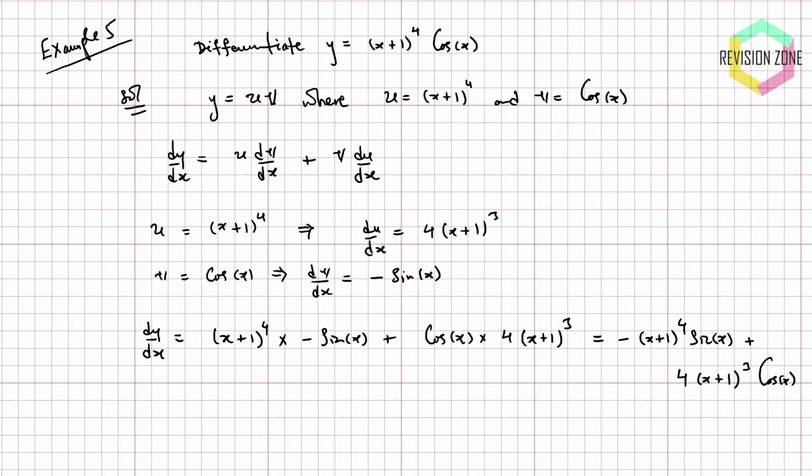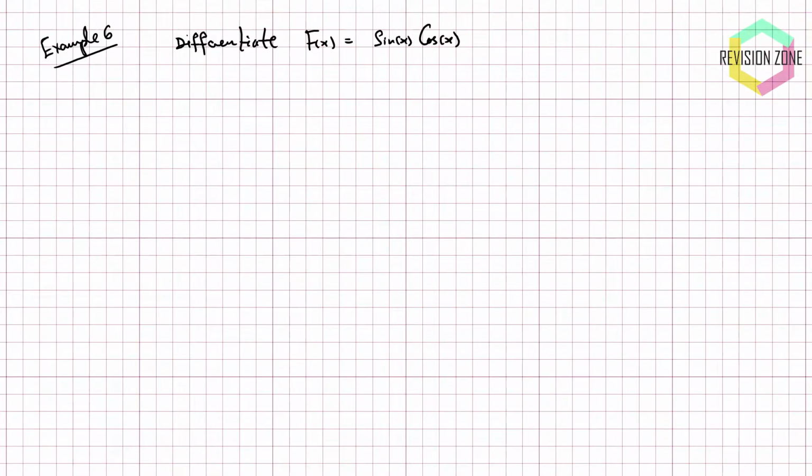And perhaps some people would like to write a positive term first, so maybe I can re-express the derivative by writing the cosine term first, just to make it look a bit prettier. So 4(x plus 1) cubed cos of x, and then the sine term would come afterwards, which is (x plus 1) to the 4 multiplied by sine of x. So we see we've actually managed to work out our derivative.